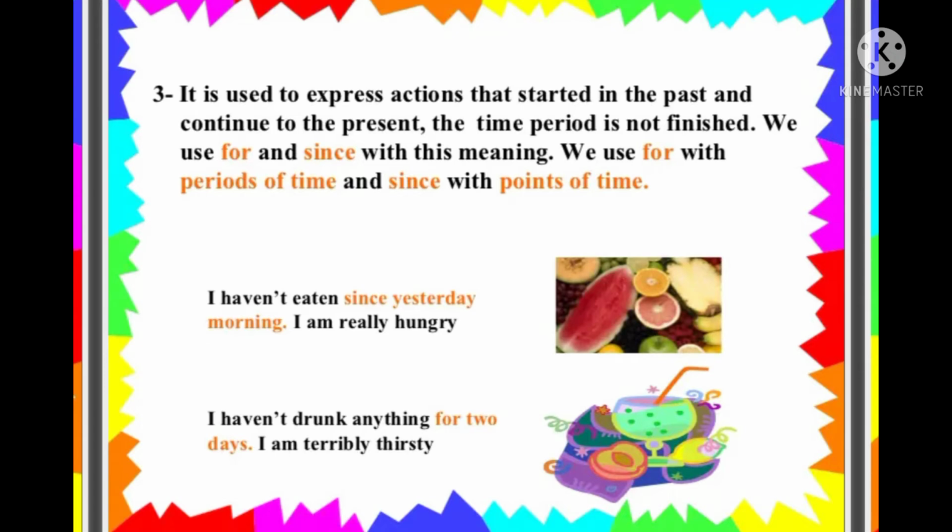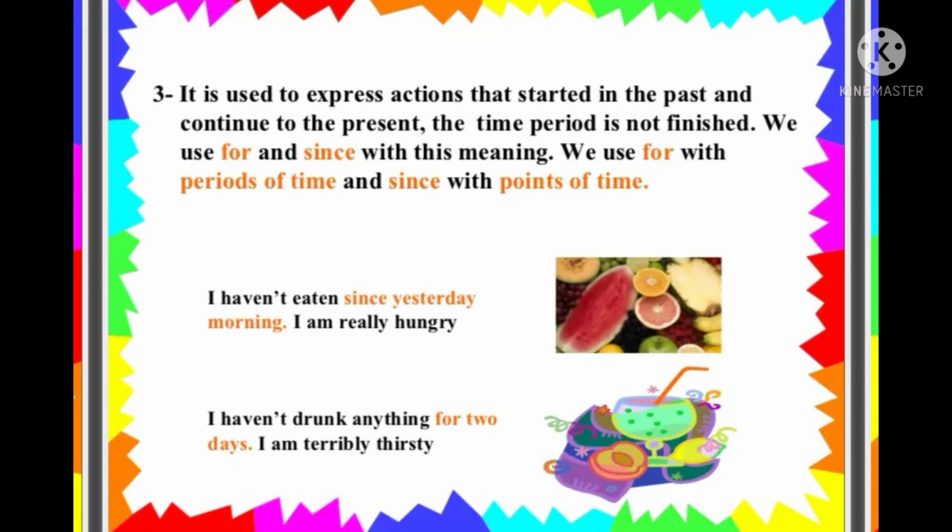Present perfect tense is also used to express actions that started in the past and continue to the present. The time period is not finished. Okay, and when we refer to that, we can use for or since along with these sentences. I haven't eaten since yesterday.